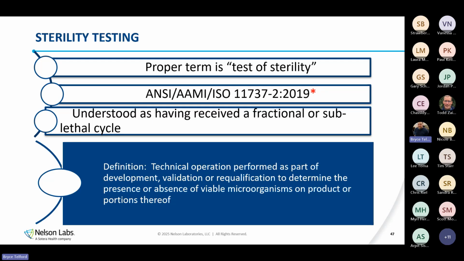Again, this is not intended for fully sterilized product. This is intended for product that's been fractionally dosed. One of the reasons I have the star here is to remind myself that it is the 2019 standard, and there are a few things that have changed over time that you should be aware of.